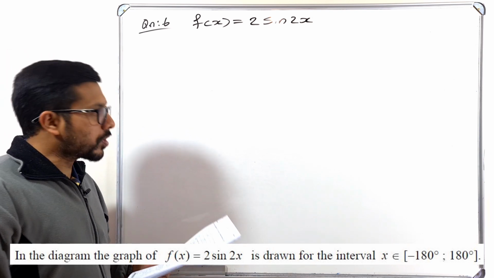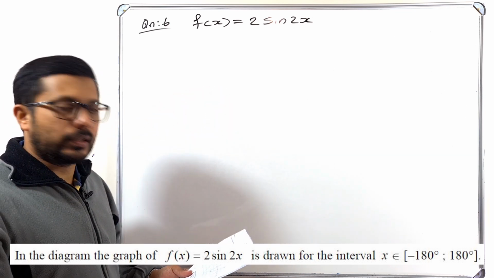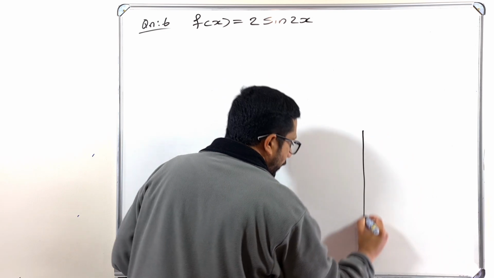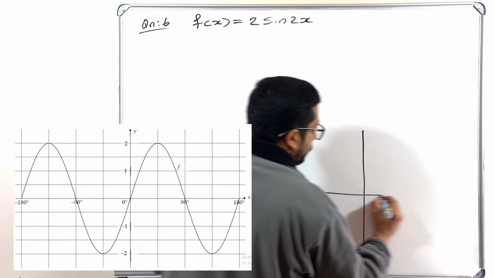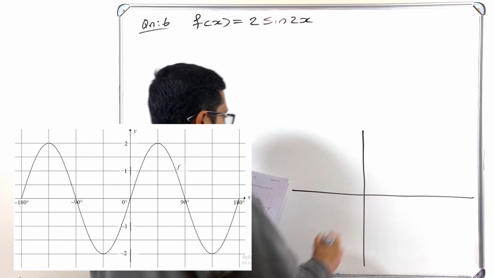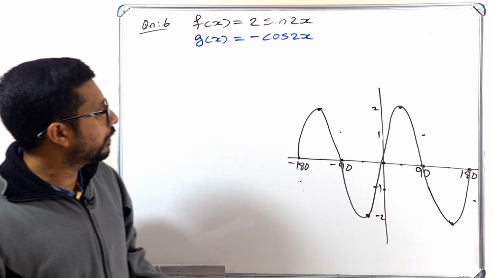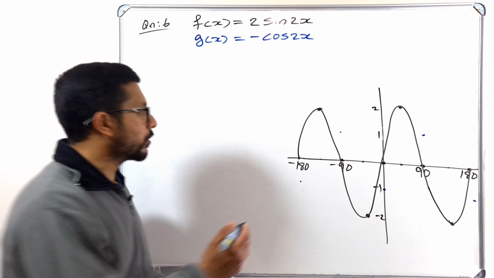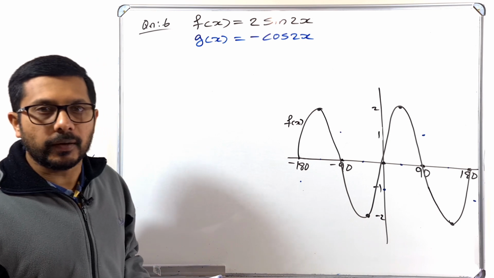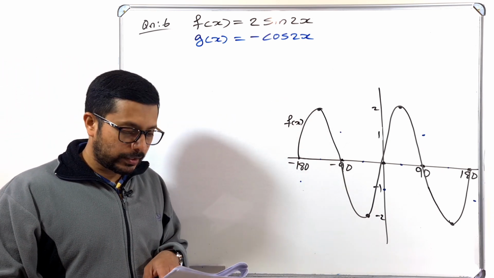First of all let me draw that graph, then from there we can continue the remaining questions. Okay, so there is a graph given like this. This is the graph of f of x given in the question. Now based on this f of x graph we have to answer the remaining questions.